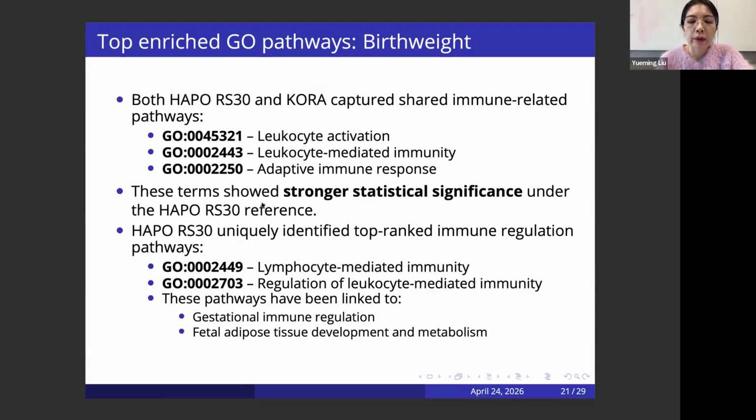HAPO R30 uniquely identifies top-ranked immune regulation pathways, like the lymphocyte-mediated immunity, regulation of lymphocyte-mediated immunity. These pathways have been linked to gestational immune regulation, fetal adipose tissue development, and metabolism.